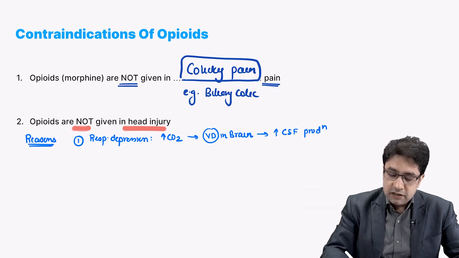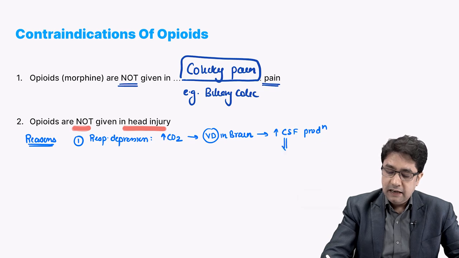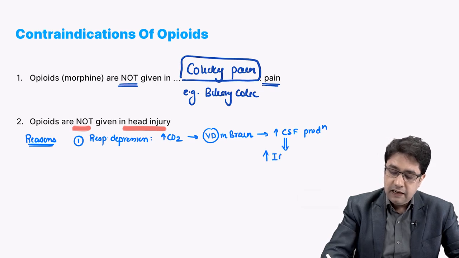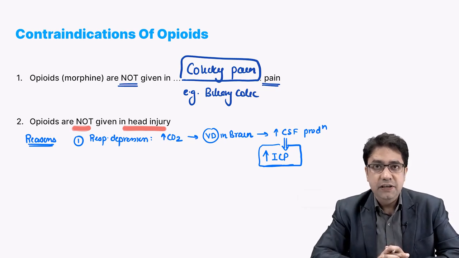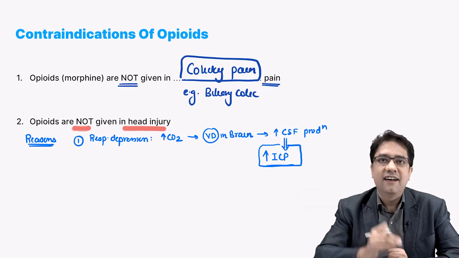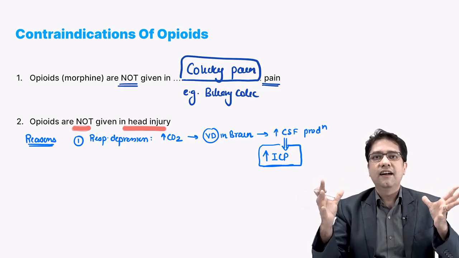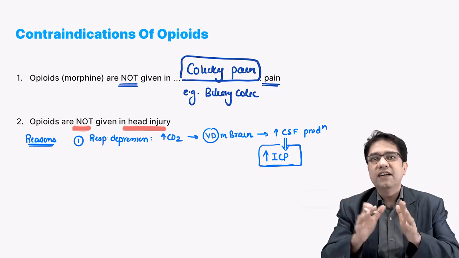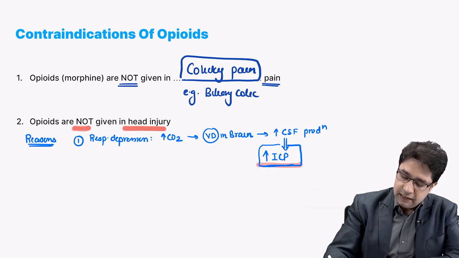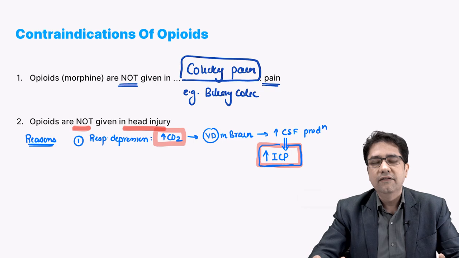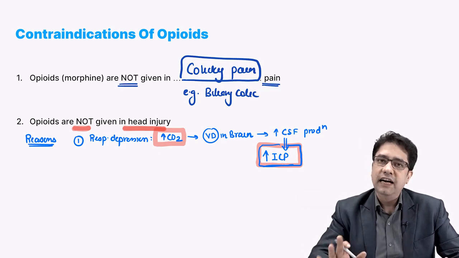And if there is more CSF production, can we say intracranial pressure will increase? So can we say intracranial pressure is increased by opioids? In a head injury patient, we never increase intracranial pressure, we rather reduce it, because an increase in intracranial pressure will further compress the brain and the patient may die. So in one word, they increase ICP. Because of retention of carbon dioxide, we avoid giving opioids in a patient of head injury.